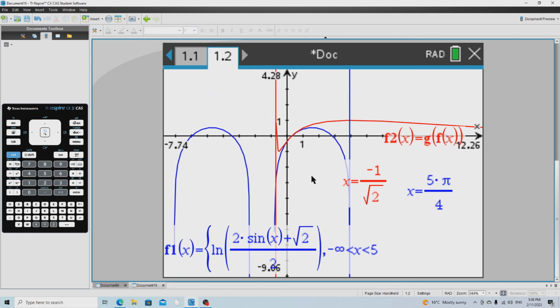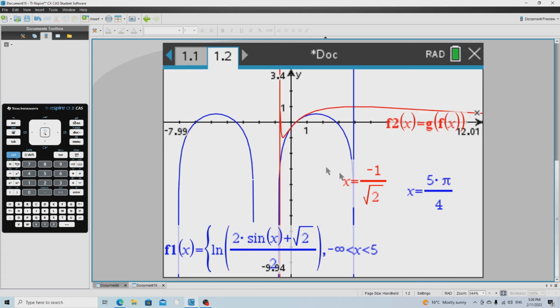So if negative pi over 4 is included in these, I think it could be, I don't know if it's wrong, that's the problem. I know it's 5 pi over 4, and the end one is 5 pi over 4, because it includes that.